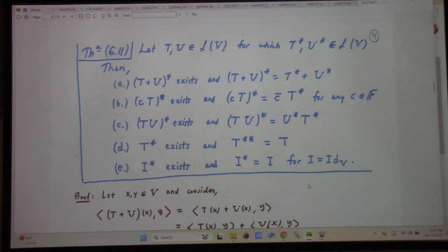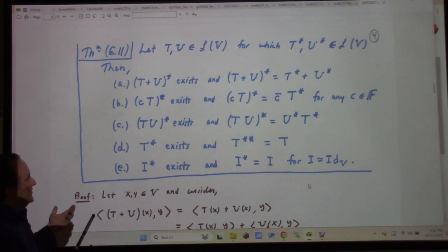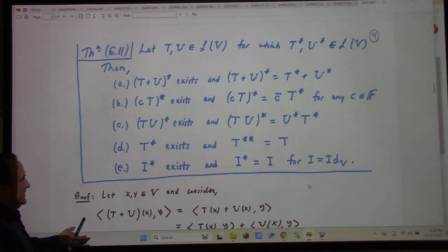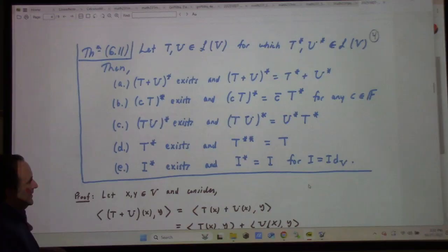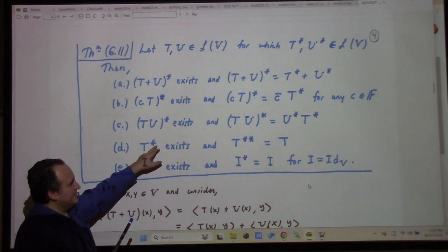My proof earlier today that the adjoint exists was based on finite dimensionality. But if you just know that the adjoint exists, then you can prove that if the adjoint of T and the adjoint of U both exist, then the sum, scalar multiple, composition, and the double adjoint exist. Well, what I should say here is T** exists. That's a typo.